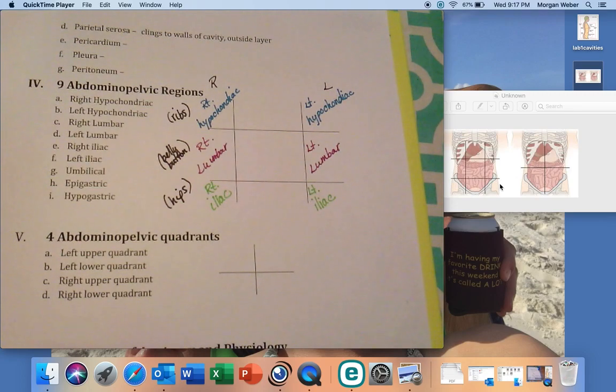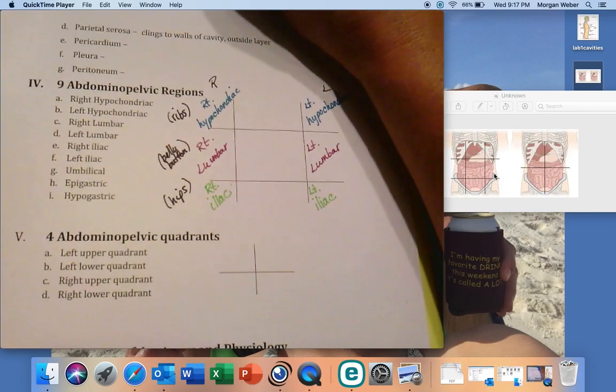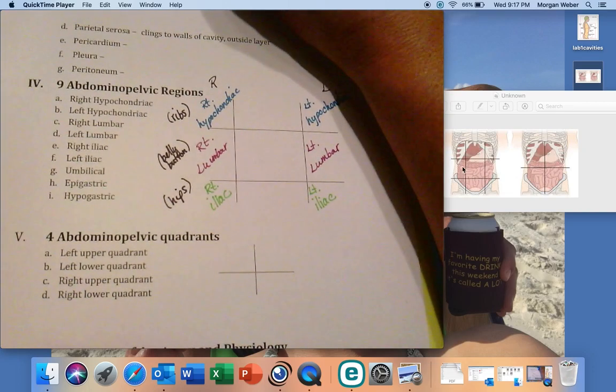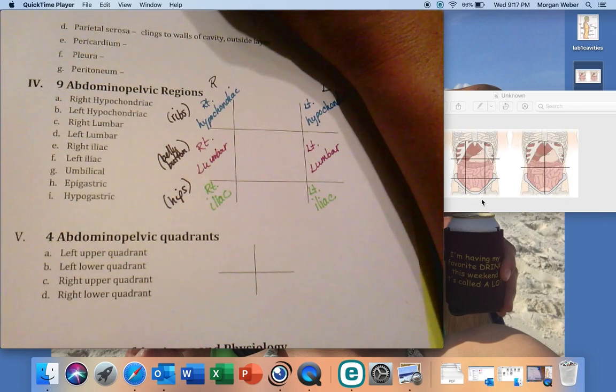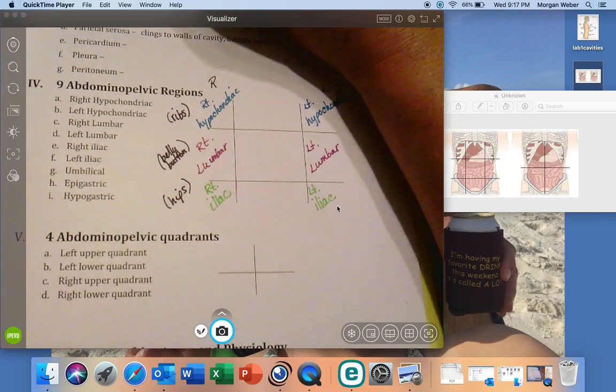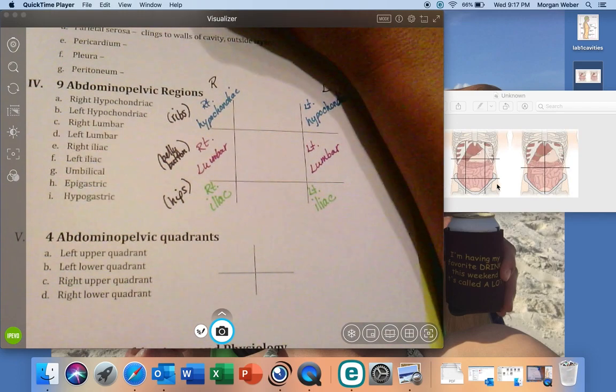When we start to get into bones, this is going to be important because these are going to repeat themselves. So my lumbar for my spinal region is my lower back. My bones for my hips, this is the ilium, ischium. So the start of the word is coming back.